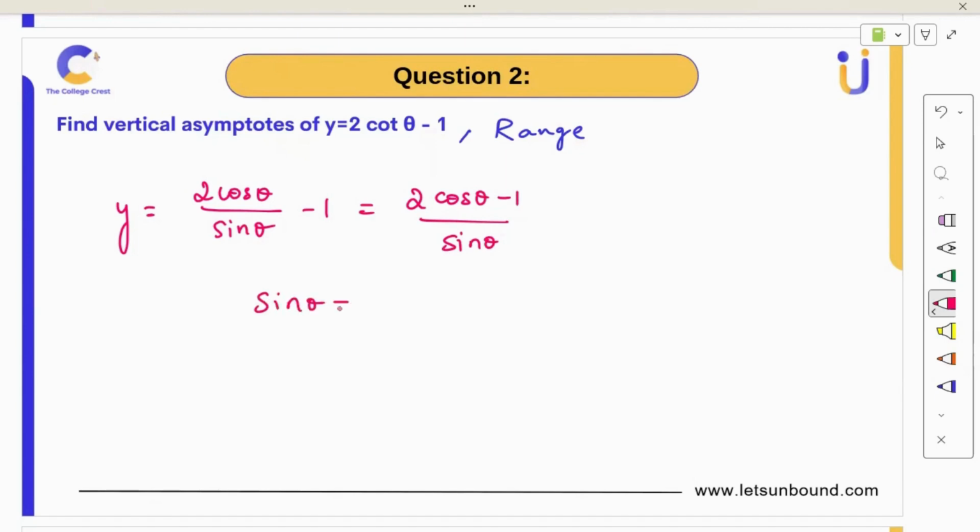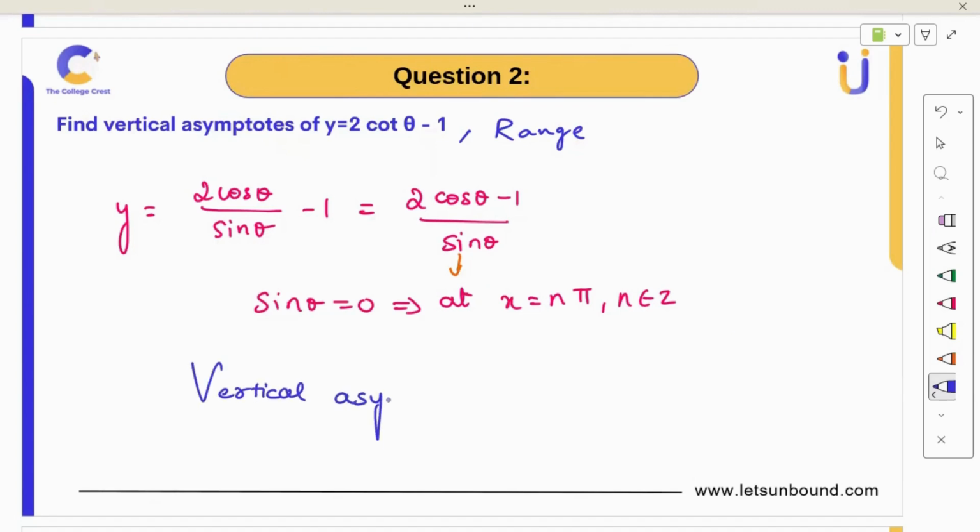Sine theta will become 0 at x equal to n pi, where n is an integer. So wherever your denominator becomes 0, there exist vertical asymptotes. So vertical asymptotes at x equal to n pi. Here they use theta. So theta equal to n pi, n being integers. Okay. So change this to theta.